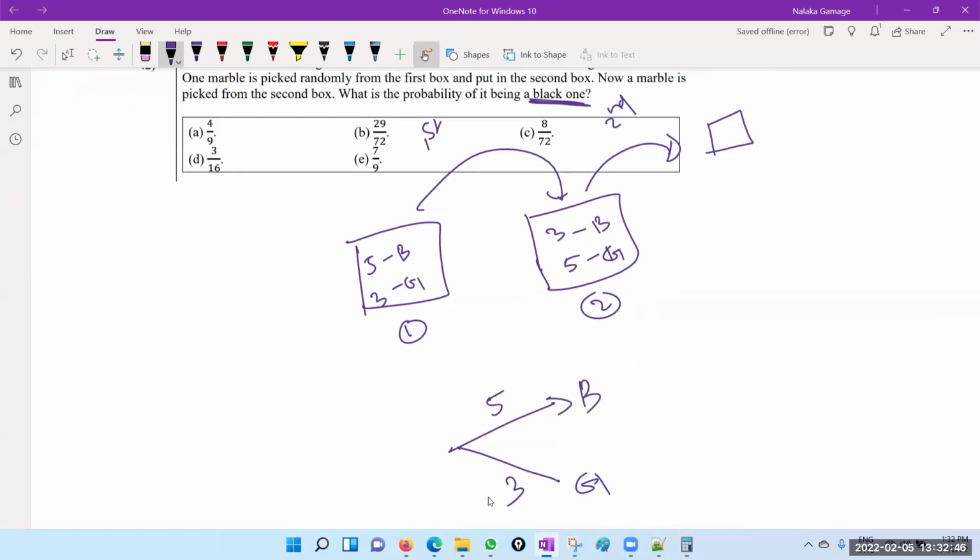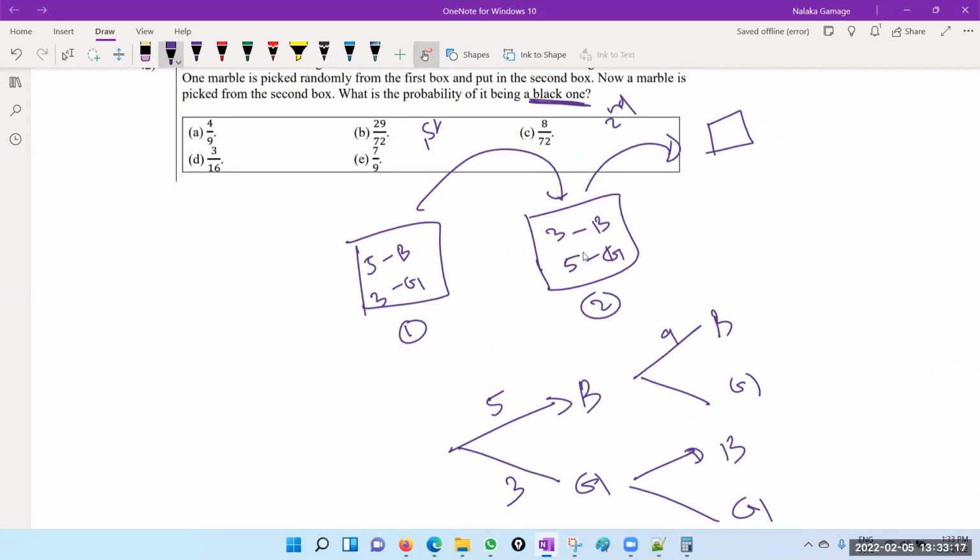Right, 3 out of 8. So then the second one, again the second one can be black, green. This is a conditional probability because the second one depends on the first one. So now we have 8 plus 1, 9, because one more comes from here. And that is a black one.